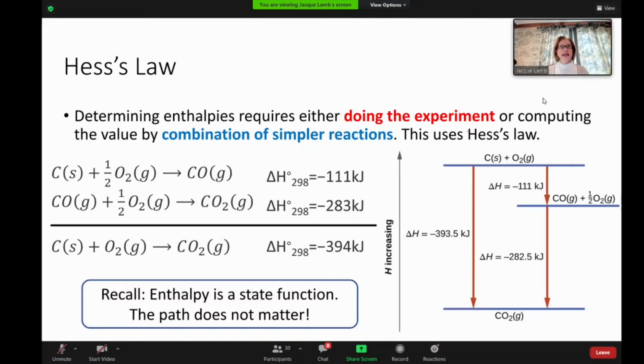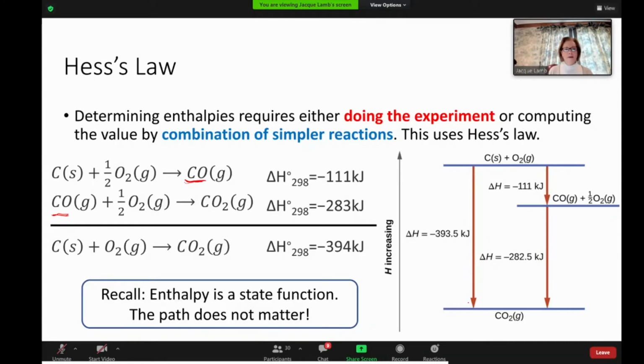You can see that on the diagram on the right, where you start with the reactants carbon and oxygen. You can either do it in two steps, going to carbon monoxide and then carbon dioxide, or you can do it in one step, going directly to carbon dioxide. The enthalpy change is the same regardless. That's known as Hess's law.